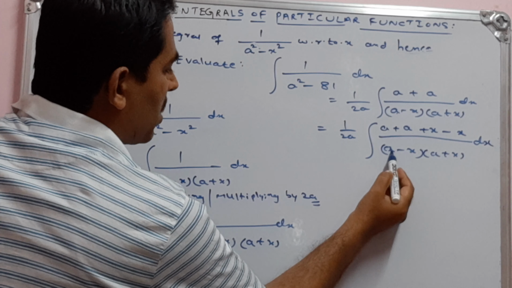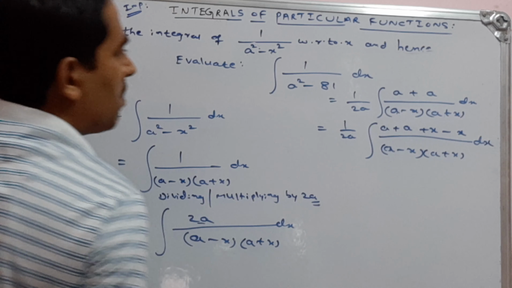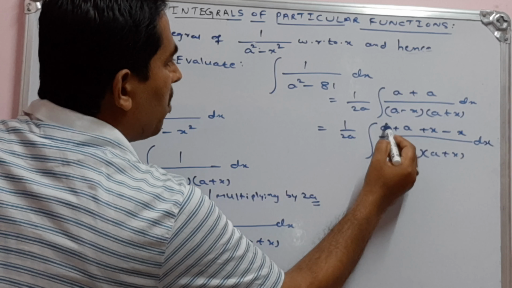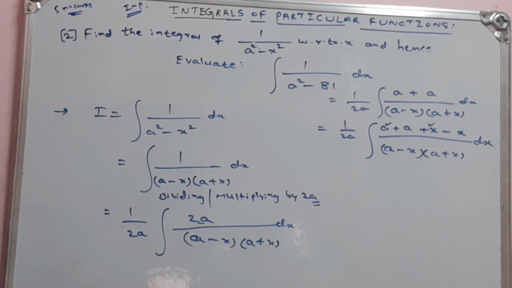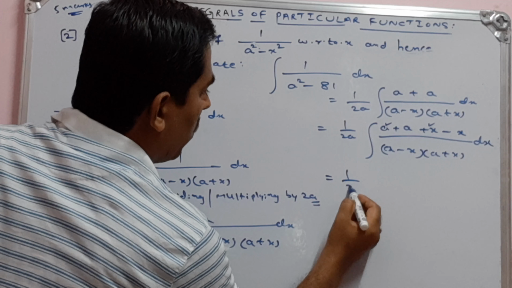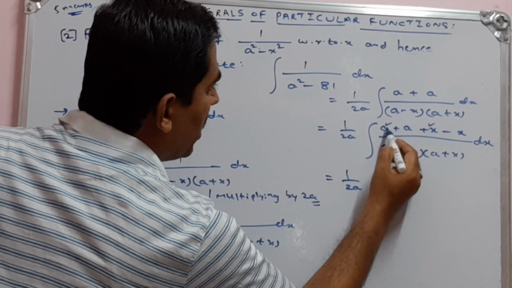Then group the terms. Observe the denominator, a minus x into a plus x. So let me write 1 by 2a into integration of a plus x.